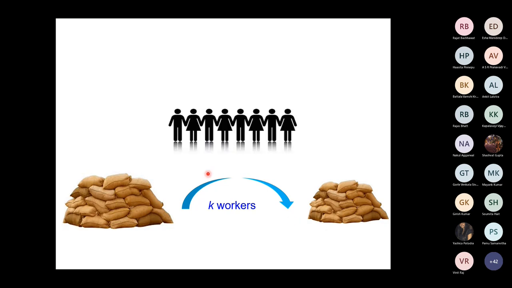So one possibility is that one worker approaches this pile, takes one bag here, and carries it to the destination and drops it here. The second person comes and he or she does the same thing. So that's one possibility, right?